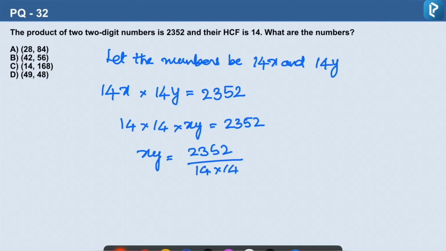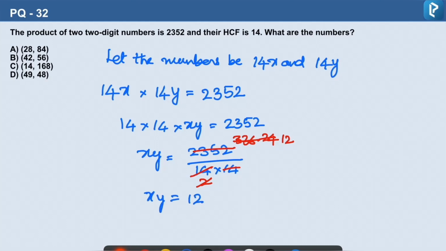Let us cancel by 7: 2352 divided by 7 is 336, and 14 divided by 7 is 2. Again by 14: 336 divided by 14 is 24, and 24 divided by 2 is 12. So xy is equal to 12.